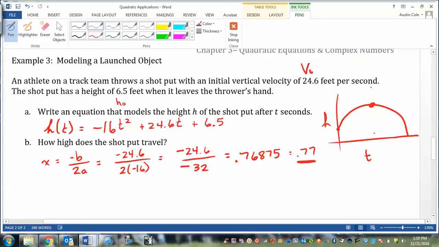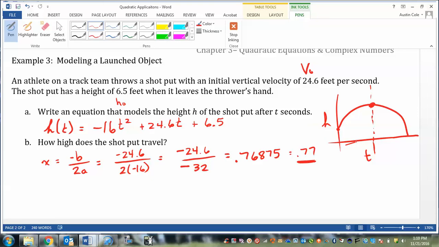Isn't our axis of symmetry where my vertex occurs? With respect to this picture, our axis of symmetry is the x value of the vertex, which is always the case. Well, isn't that the time that it takes? So what that means is after 0.77 seconds, that's when it hits the max height.